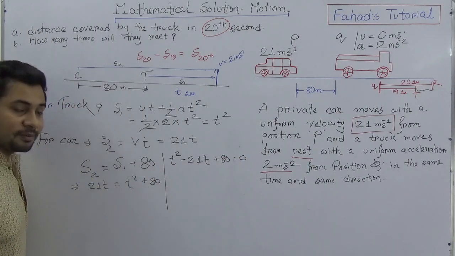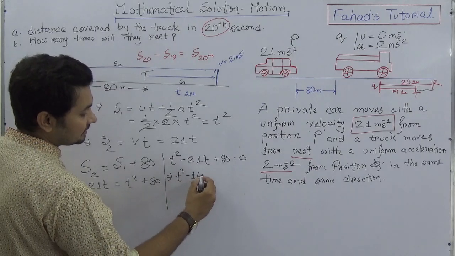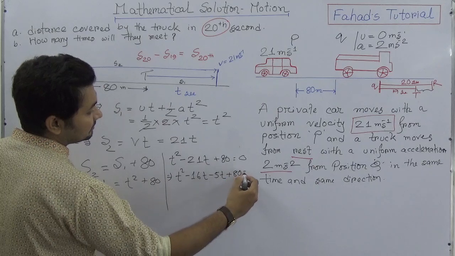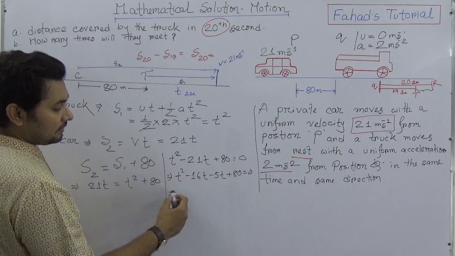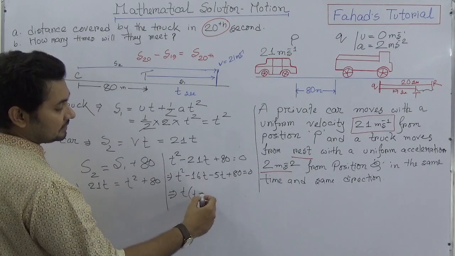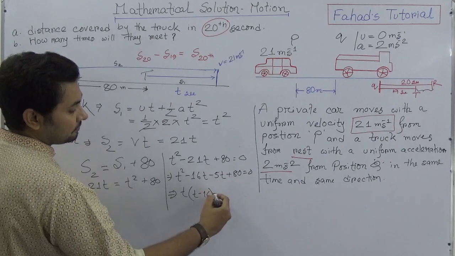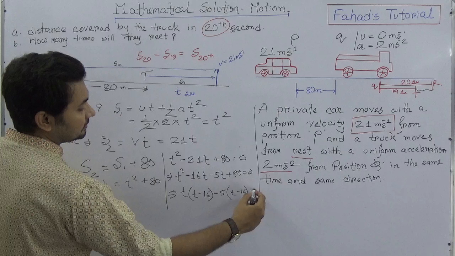You get a formal algebra here, so I can split the middle term as 16t minus 5t plus 80 equals 0. I hope you know the process. If I take t common, then t minus 16, minus 5, then again t minus 16 would be the answer.